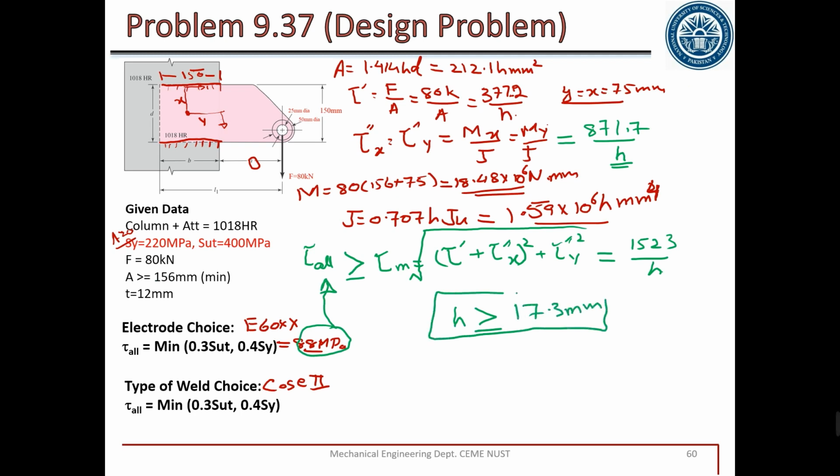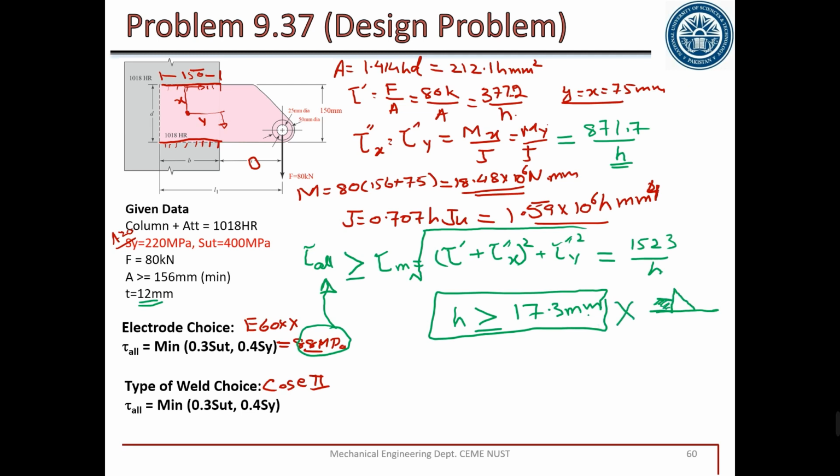So this is the final answer. But the thickness of the plate that is given is equal to 12 mm. On a plate of 12 mm, we cannot weld a 17 mm weld, because the plate is this much thick and the weld is more thick. So this weld is not possible.